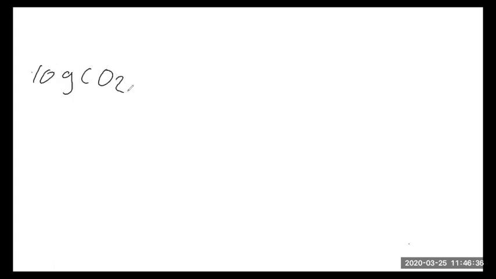They're asking how many oxygen atom. Let me just put here, the number of the oxygen atom. That's what they are asking, in 10 gram of CO2.